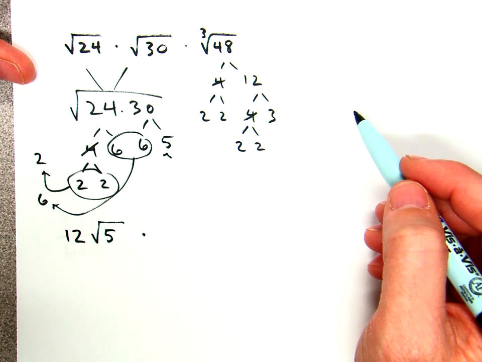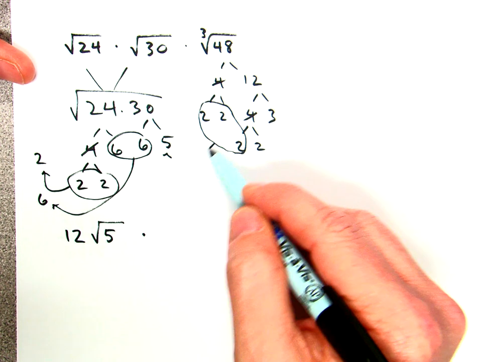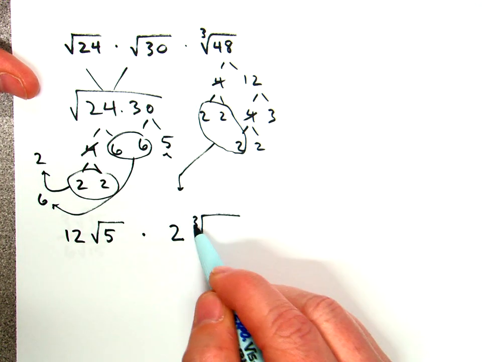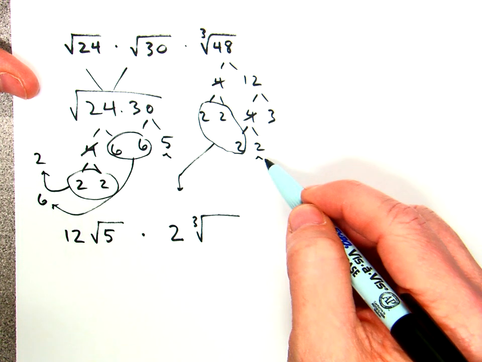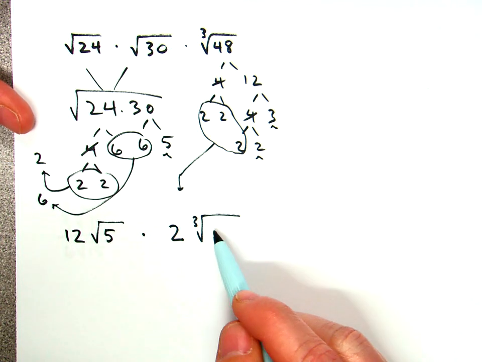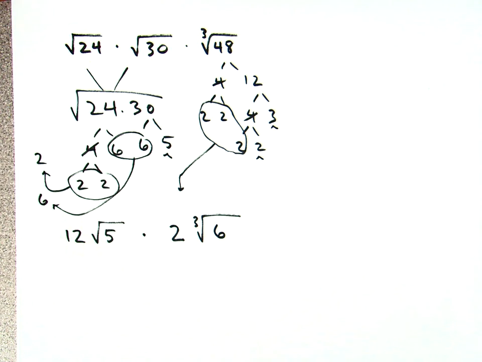So I don't got the 4s anymore, but now I do have 3 2s. So I can pull a 2 on the outside. It's still a cube root, right? And this extra 2 and this 3 still left over, so cube root, right, of 2 times 3 is 6.